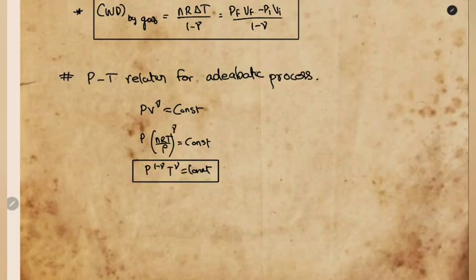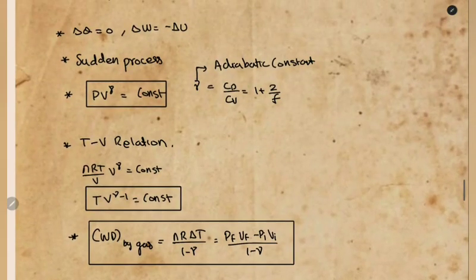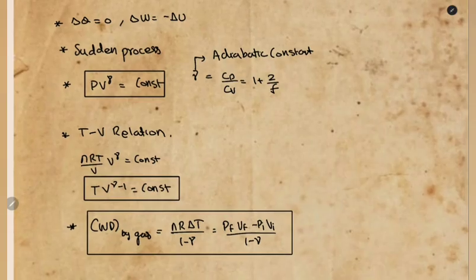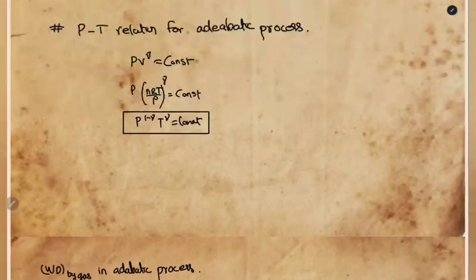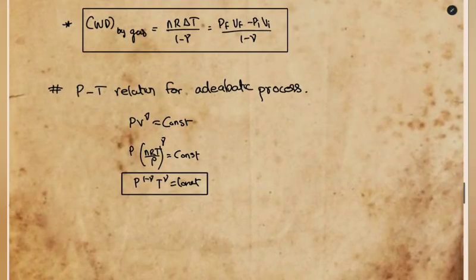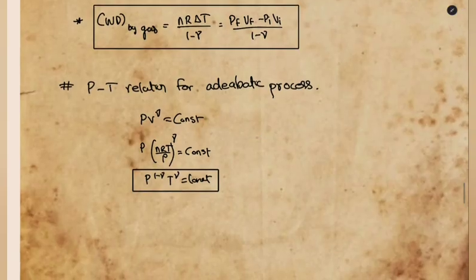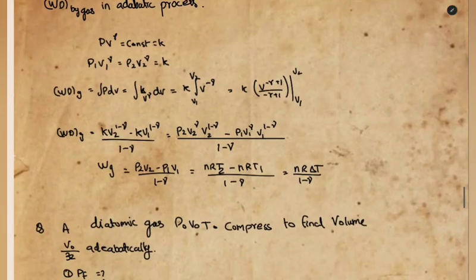Yeah, you can manipulate this and you will finally get this formula. What you just need to remember is this formula. If you remember that formula, everything will be fine. As you can see, there are a lot of questions in this. PV to the power gamma is equal to constant. What does it actually mean? What type of questions will be asked? Because when it is equal to constant, why does it even matter? Where we are going to apply these things, we will see right now.